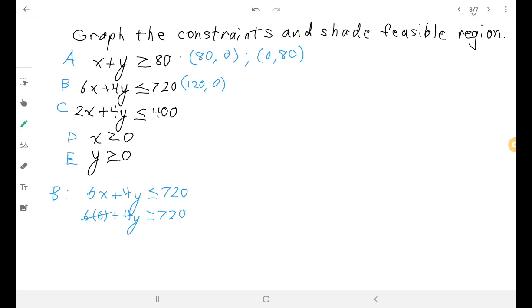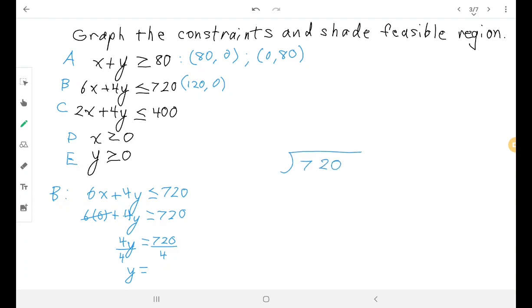I can do 6 times 0 is 0, and then add 4y is just 4y equals 720. Divide by 4, divide by 4. 4 over 4 is 1. 1 times y is y equals, and then 720 divided by 4.